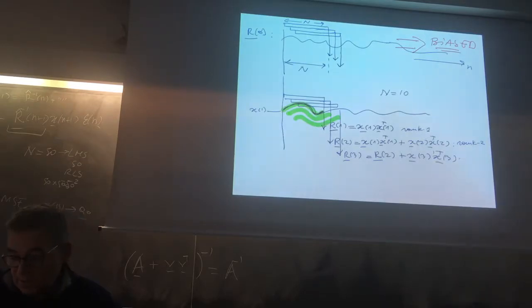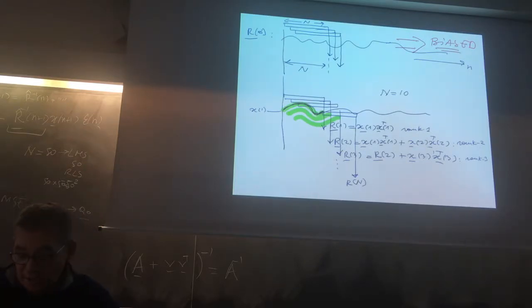Now this one is rank 3. I cannot compute the inverse. So I keep going until when? Until I get this set of data, and this set of data is Rn.